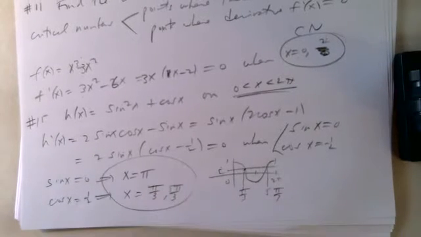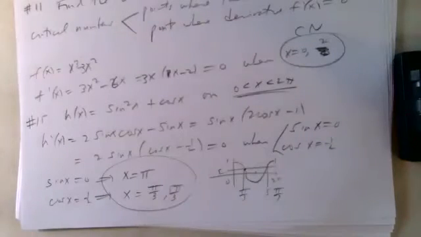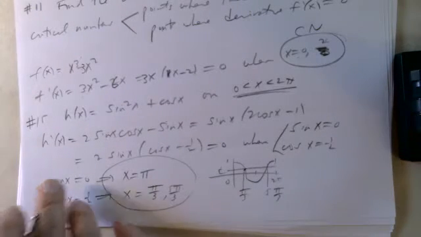So this function has 3 critical numbers in this open interval. Okay. Any questions about this? This is just find the derivative, set the derivative equal to 0, and solve.